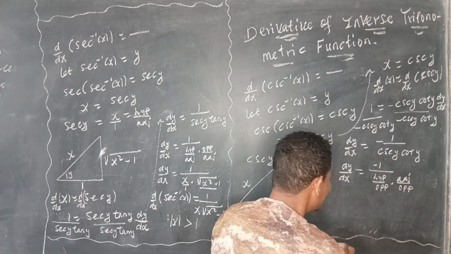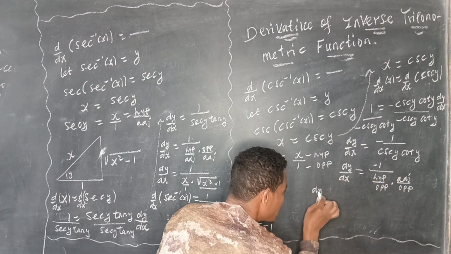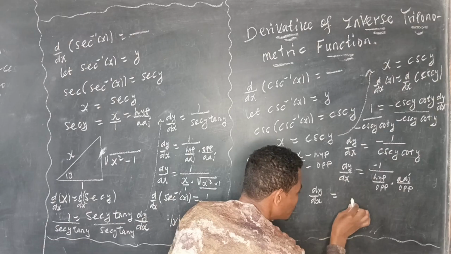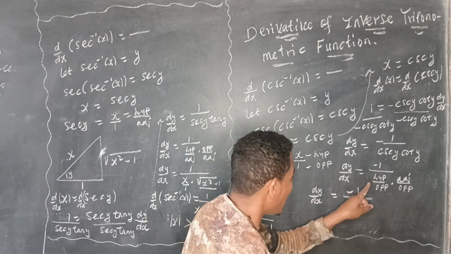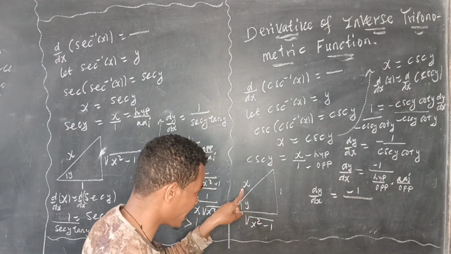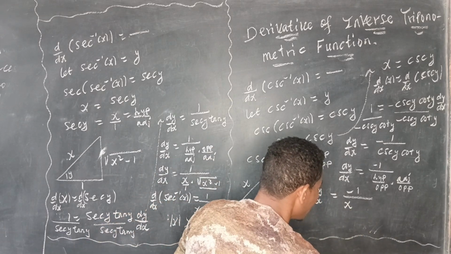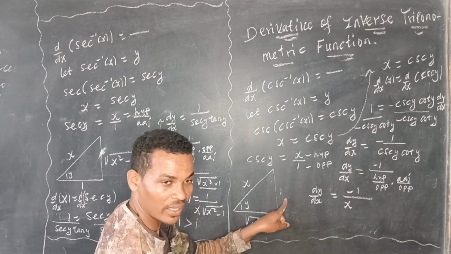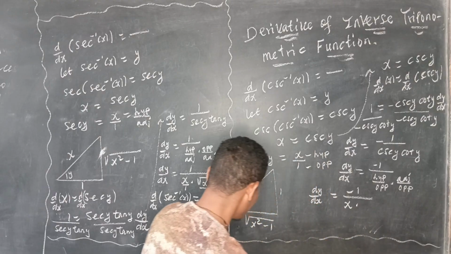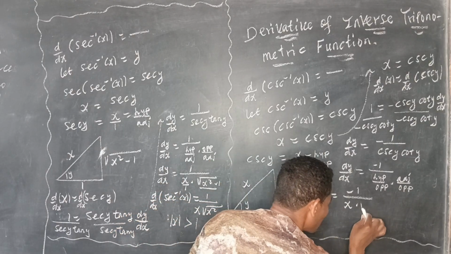And this is the same as dy by dx is equal to minus 1 over hypotenuse, which is x, times opposite, which is 1, times adjacent, which is square root of x square minus 1.